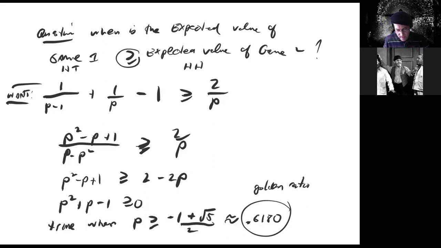Now, yesterday we actually answered the opposite question. When was the expected value the other way? So when you have p as a half, then the expected value of game 1 is not greater than the expected value of game 2.